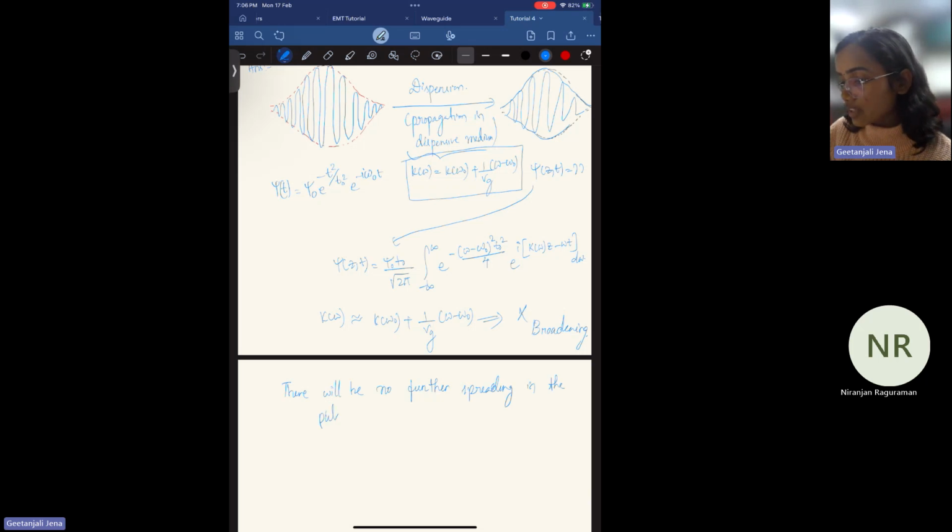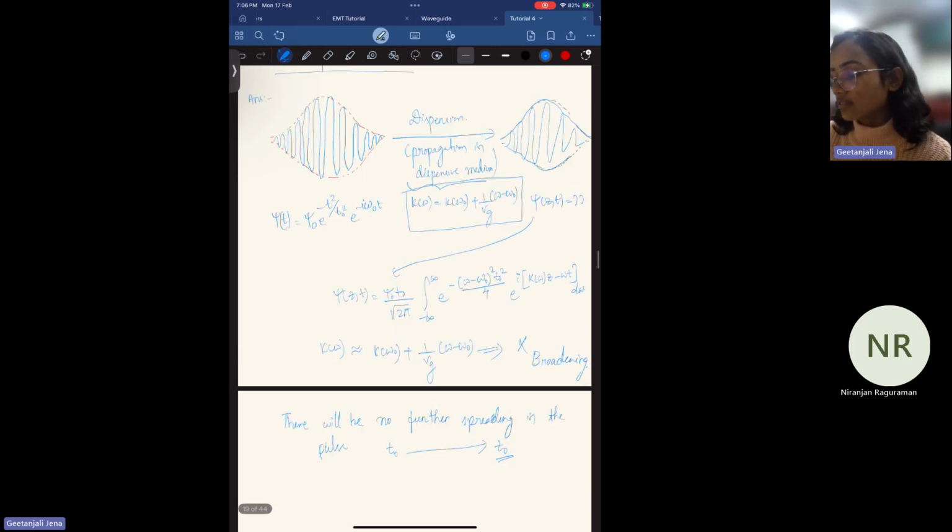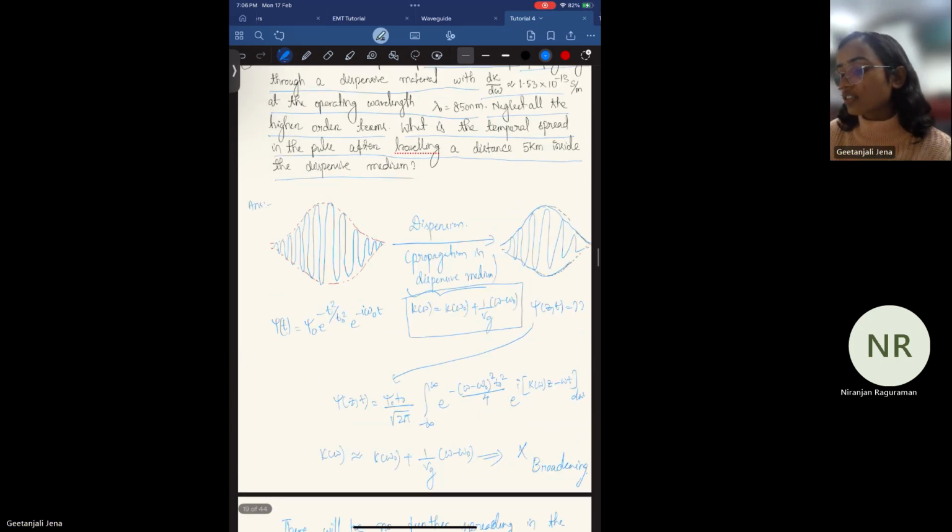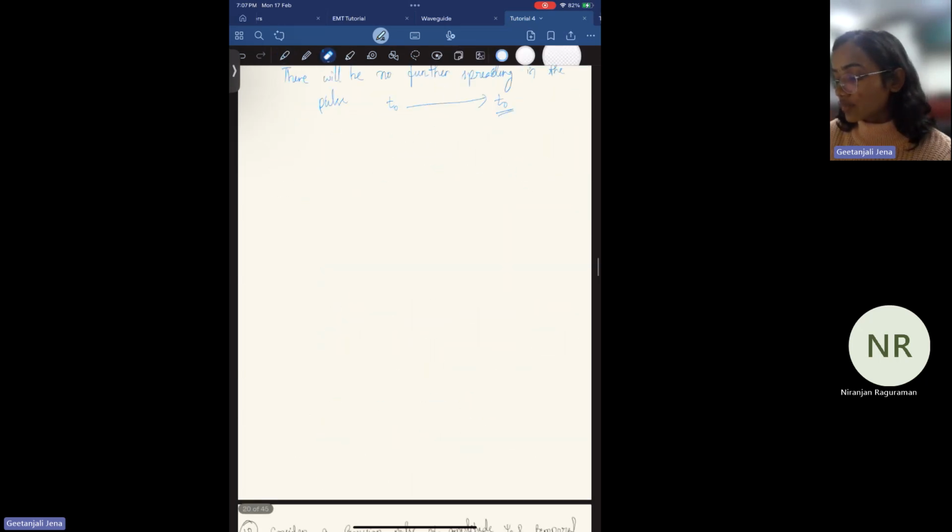So if the initial pulse has temporal width T0, after propagating through the medium it will have T0. This is a conceptual question. If you know the concept, you can easily find the temporal spreading for this case. So we'll move to our next problem then.